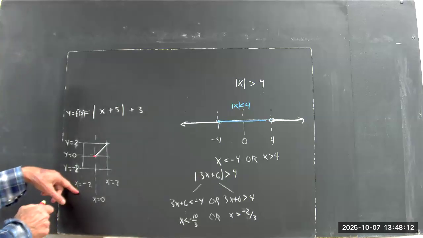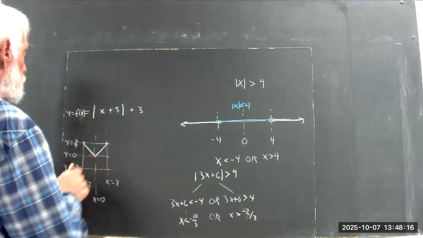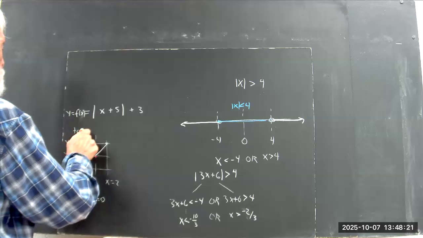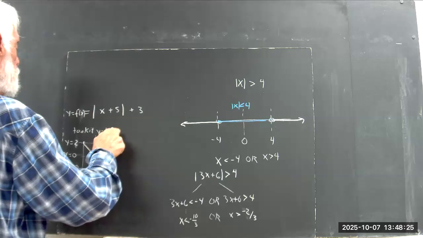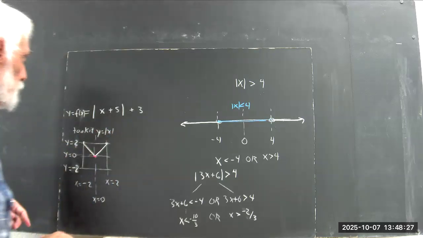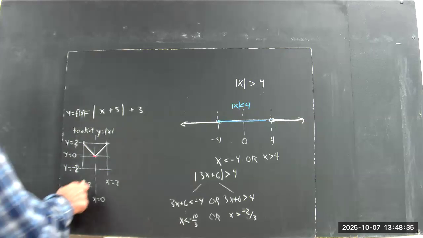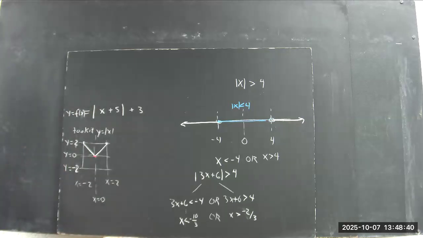If x equals -2, the absolute value is 2. So this is a toolkit. Y equals absolute value of x. You don't have to do a lot of subdividing. You can if you want, if you wanted to divide it a little further, you could. But that's what the graph looks like.